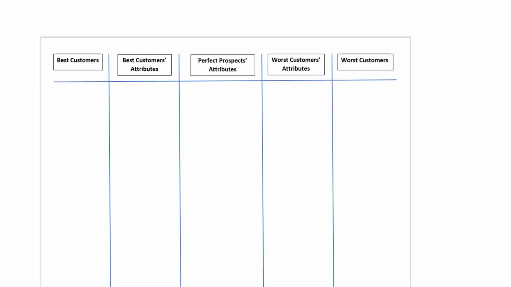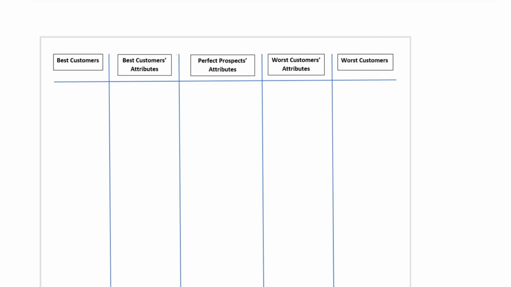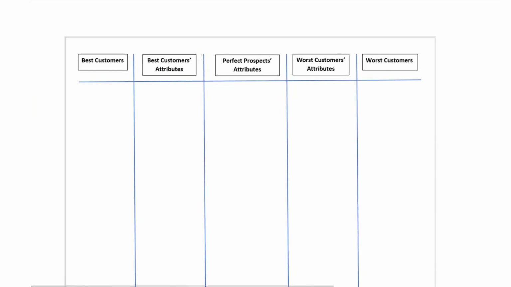So here's how we begin. I want you to think of the best customer you have, okay? And they may be the biggest, but they may also not be the biggest. They're just, for whatever reason, your favorite, and however you define that. And we talked about demographics versus psychographics in the Perfect Prospect Profile video.